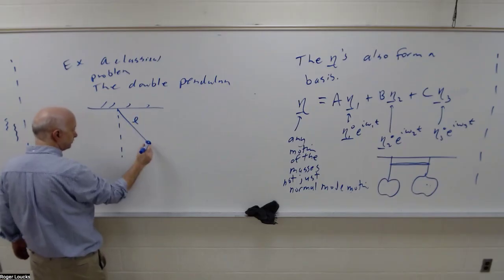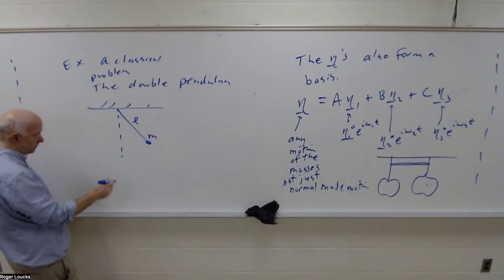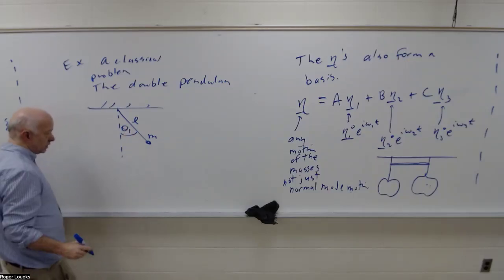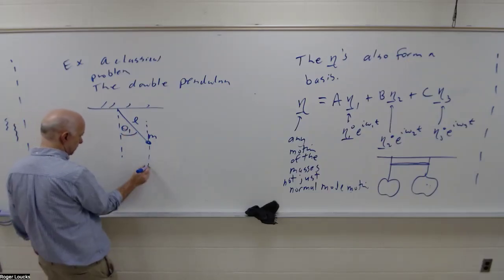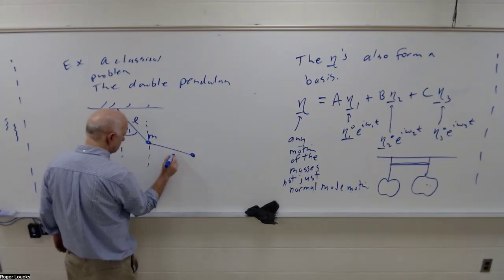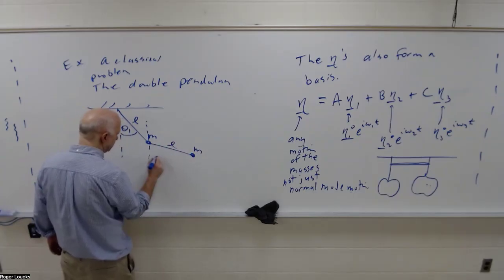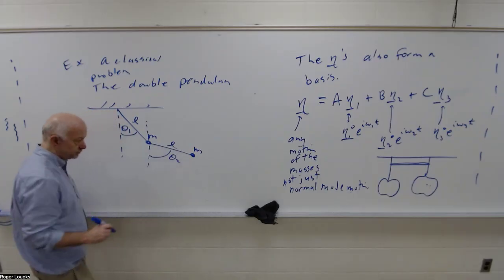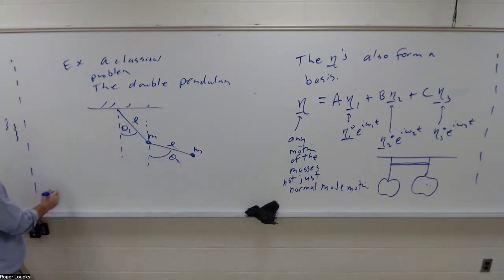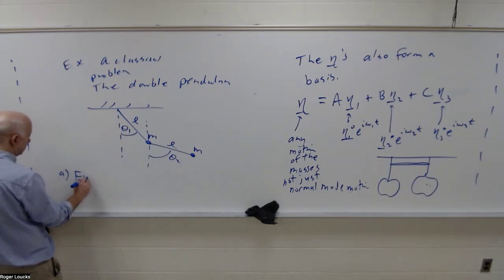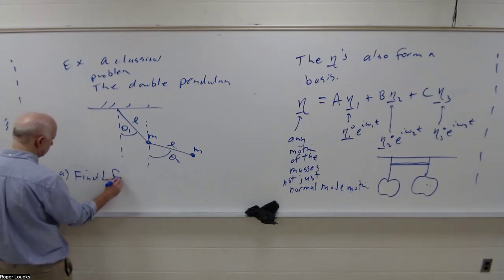This is going to be L. This is an L. I'm here like this. This is some theta here, theta 1. And then you measure angle like this. This is the same L. This is M. And this is theta 2. Okay. So for part A, we want to find the Lagrangian. Find L.